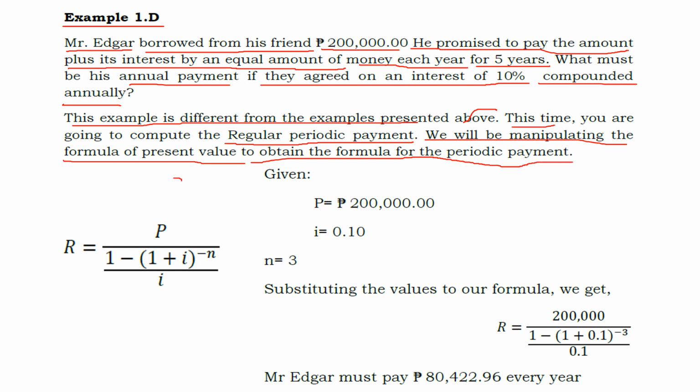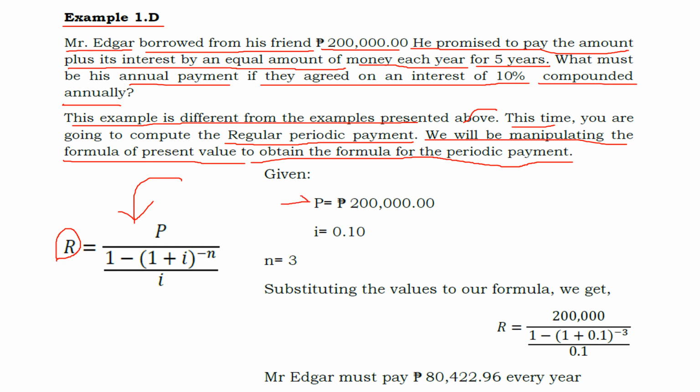With the formula designed for the present value, we can compute for the periodic payment by simply transposing some variables from one side to another side of the equation, to get the unknown variable, which is your regular periodic payment.